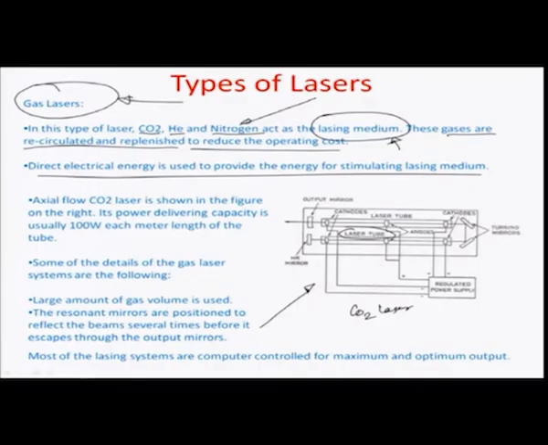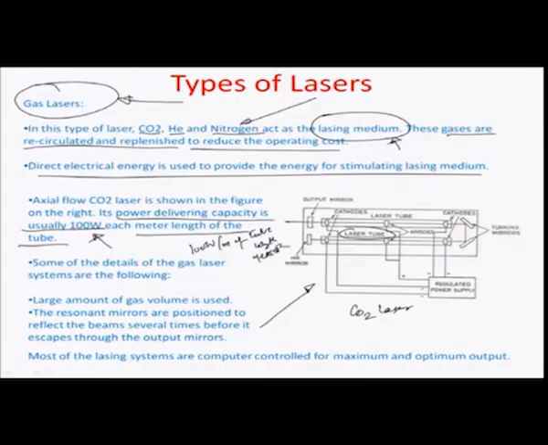So, the power delivering capacity of the CO2 laser is usually about 100 watts, and this is about per meter of the length of the tube. So, that is how high it is, about 100 watts per meter of the tube length of the laser.